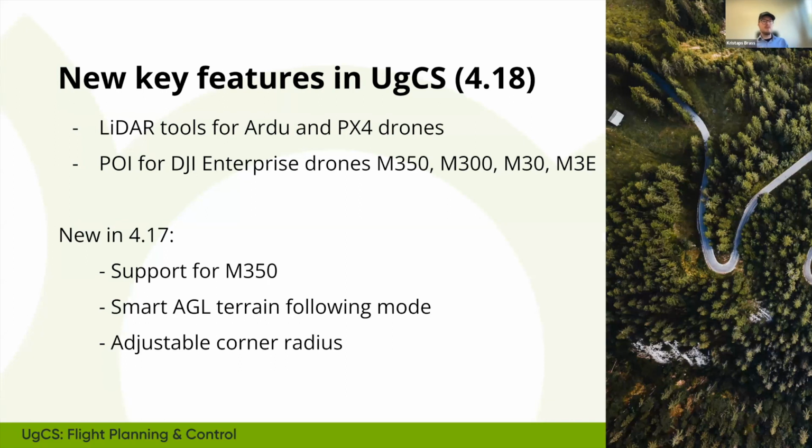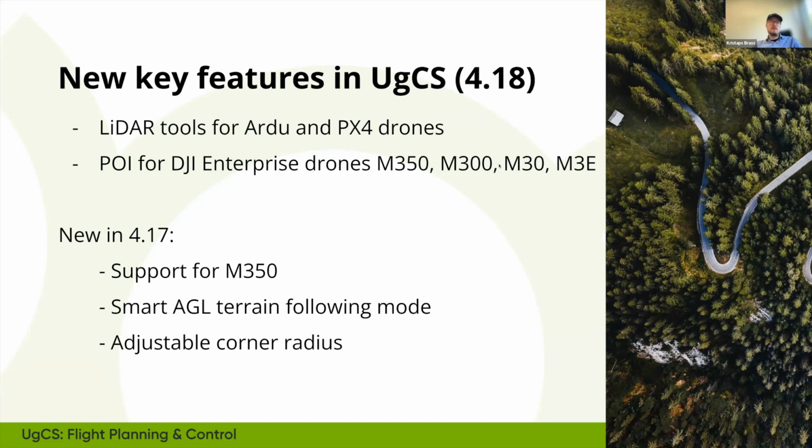Typically we write Mavic 3 Enterprise series, but just so you know, among these drones we also include M30 and M30T, and under the Mavic 3 Enterprise series, this is M3E, M3T, the thermal version, and M3M, the Mavic 3 Multispectral. So that's about the new features in the latest version.